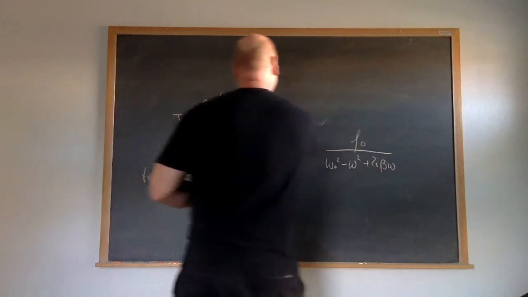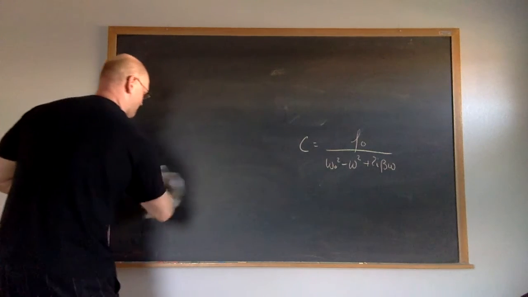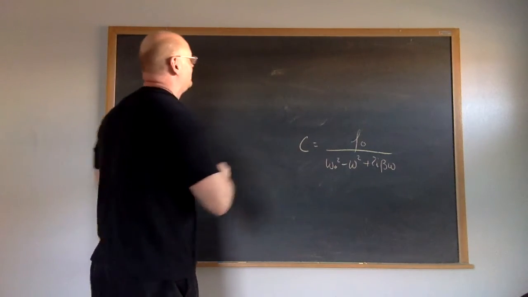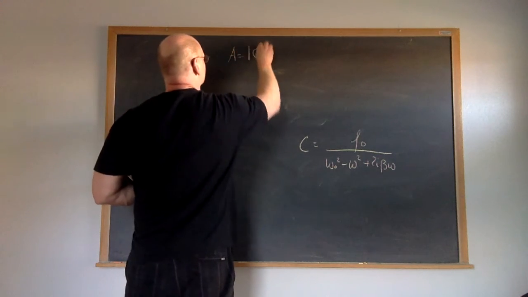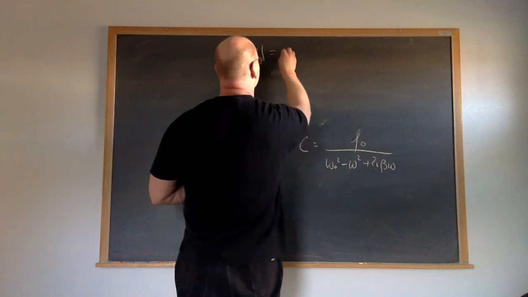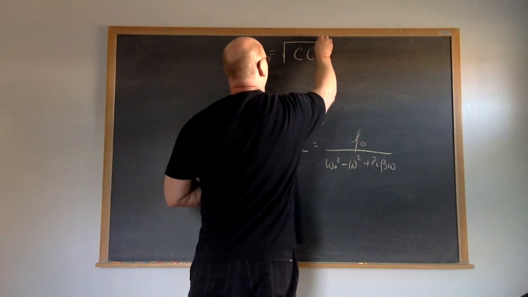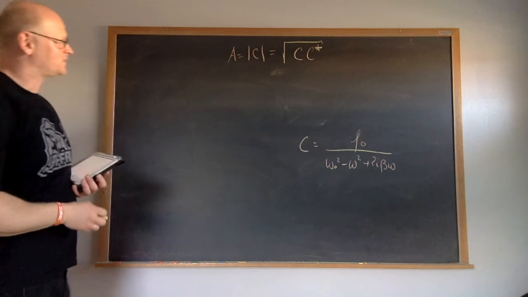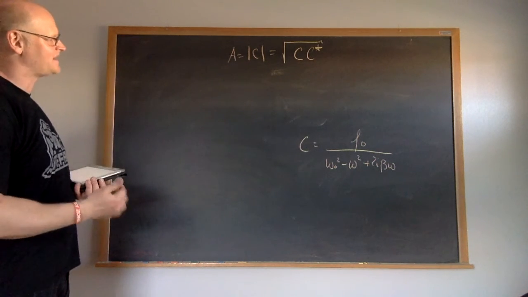So again, A is simply going to be the magnitude of C. Well, it turns out the magnitude of a vector, or at least an imaginary number, is the same thing as the square root of C times C star. So basically what we're going to do is multiply C by C star.